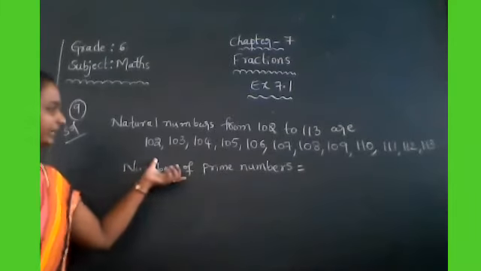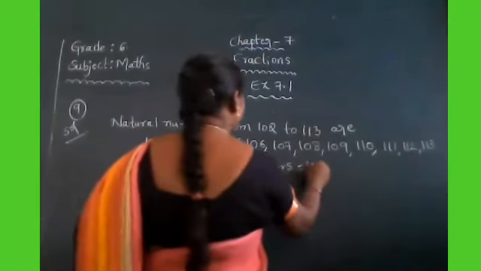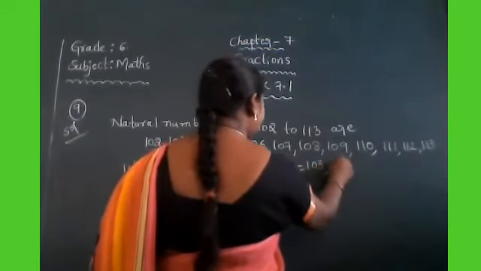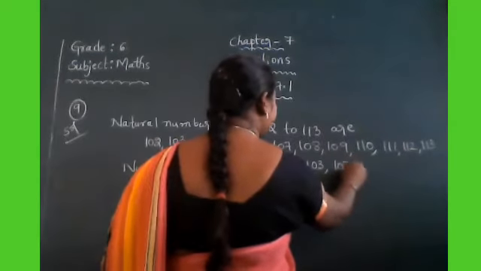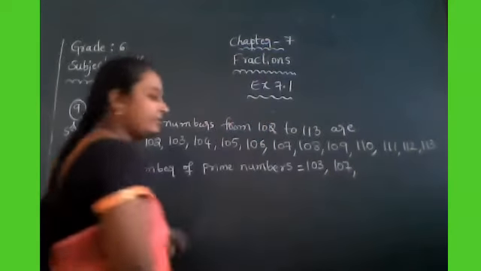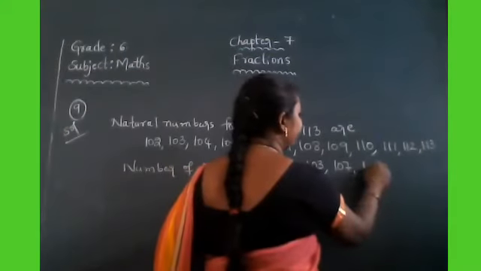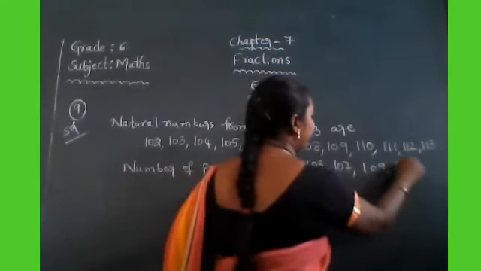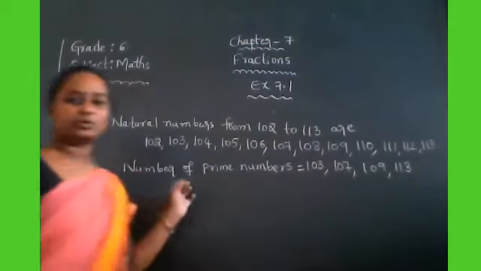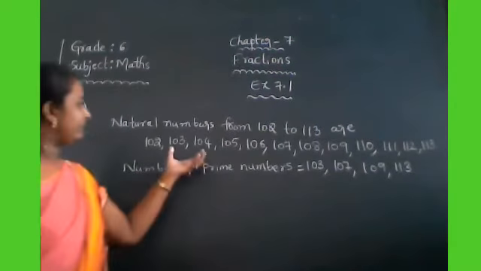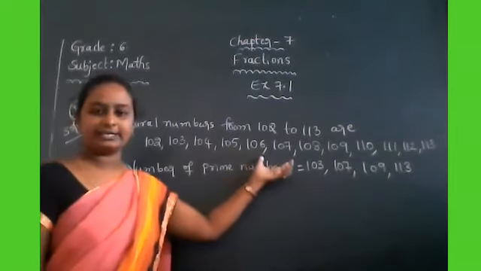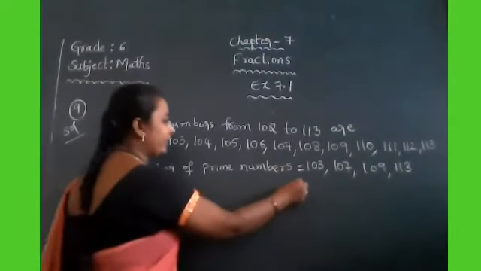That is 103, yes. Next, 107. And next, 109. Very good. 113. So the total prime numbers from 102 to 113 are 4.